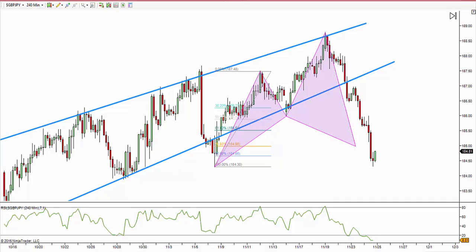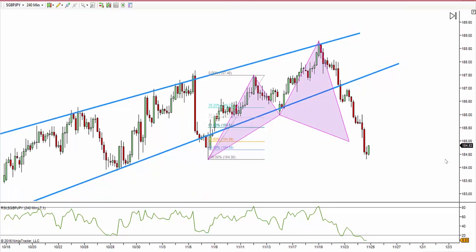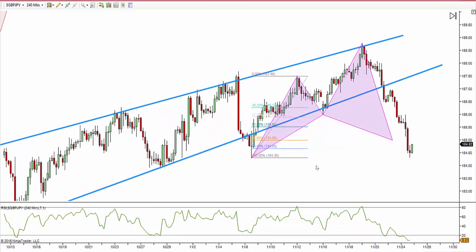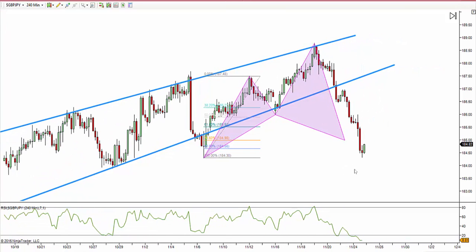Now looking to the left, we have a nice shelf of structure where price has tested it numerous times. I didn't want to be sat just under the X leg and have price come down to test this level here. So I wanted to be sat just under that level as well, and it was too much risk for me to be actually entering in on the completion of this pattern. So I couldn't enter. So I was having to look for an alternative entry.